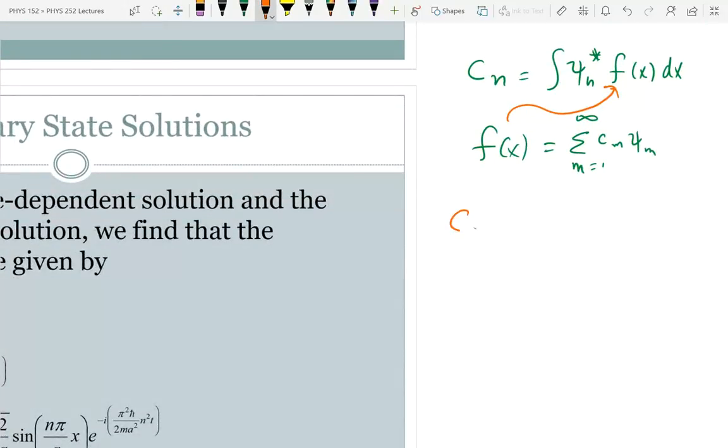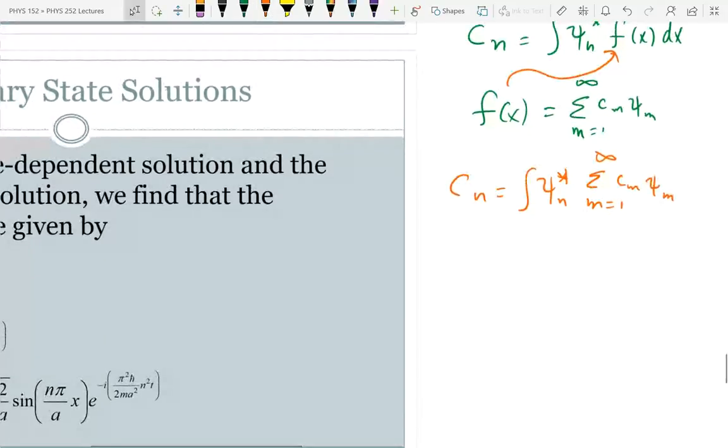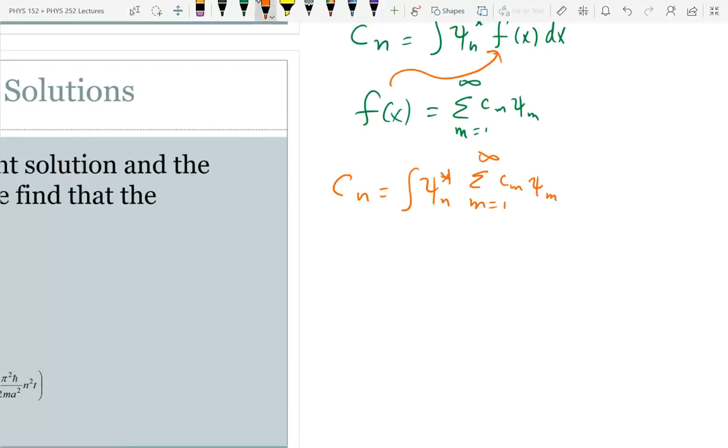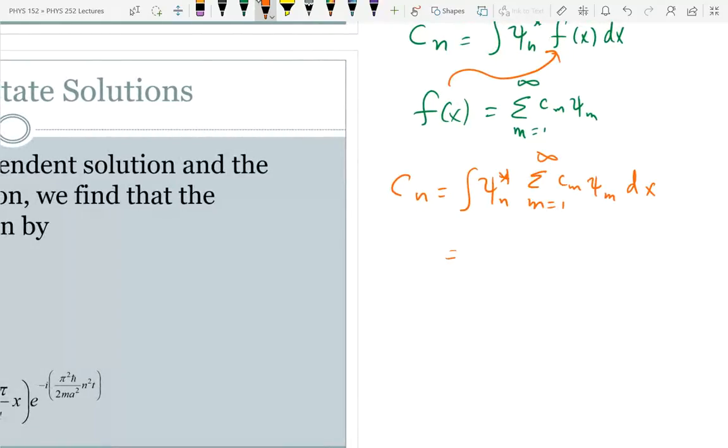So I'm going to have C sub n is equal to integral of psi sub n star times sum over m equals 1 to infinity. Now, in this case, my m is not my variable of integration. What's my variable of integration? X. And so I can bring the summation as well as the C sub m out.